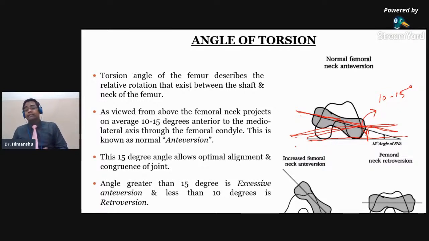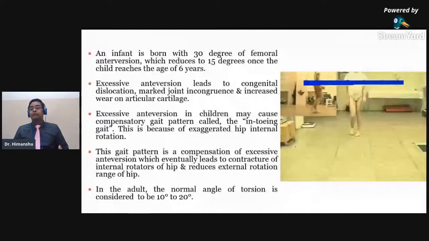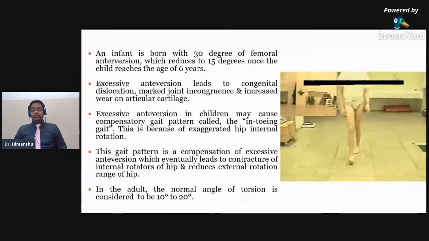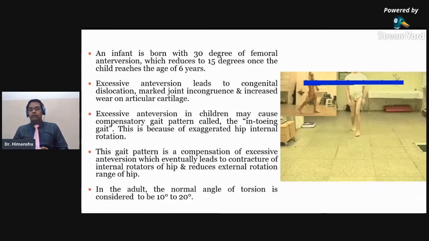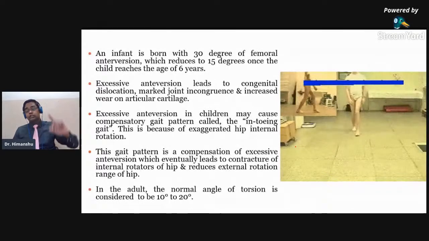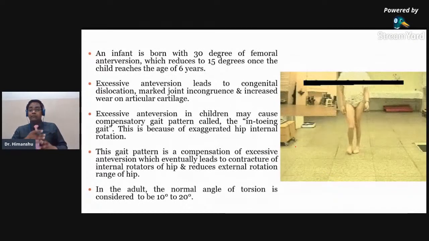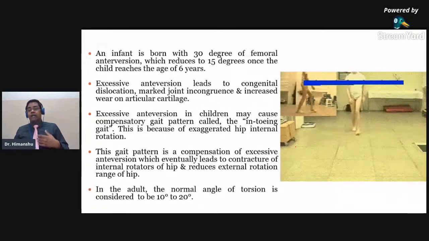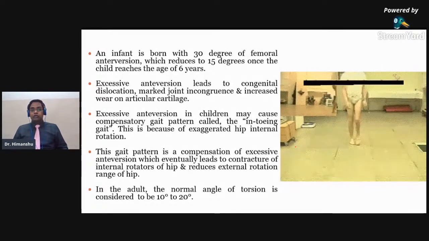An angle greater than 15 degrees will be called excessive antiversion, and an angle lesser than 10 degrees will be known as femoral neck retroversion. Okay, now what happens if there is more antiversion or retroversion? Whenever a child is born, the angle of torsion is 30 degrees, which is double of what we have in adulthood.